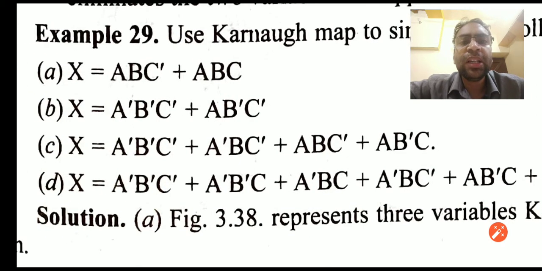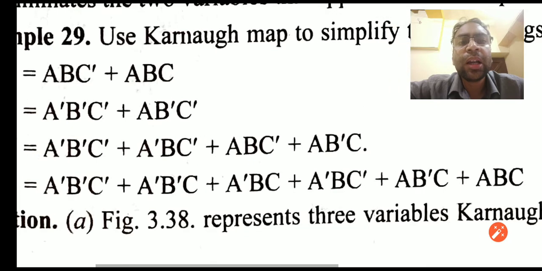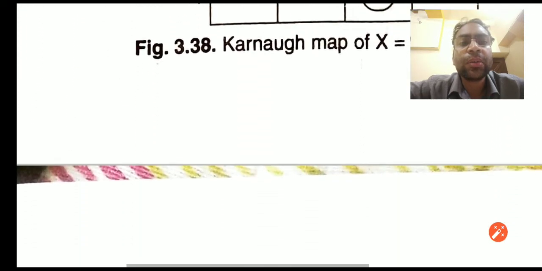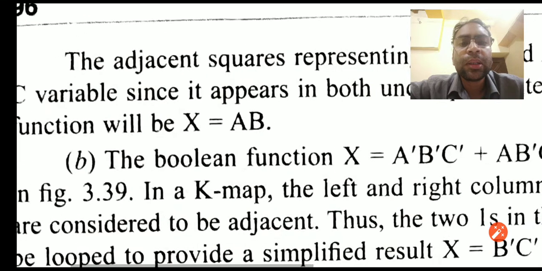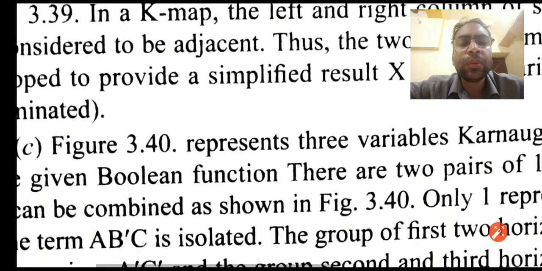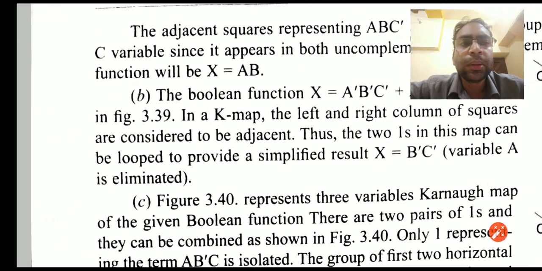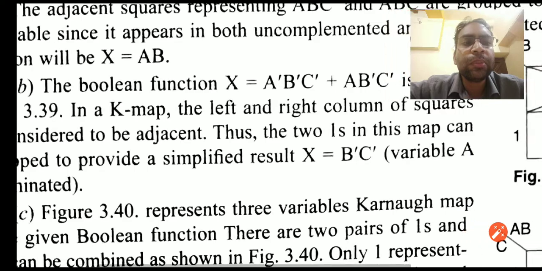In the second example, B, we have A bar, B bar, C bar and A, B bar, C bar. So let's see the B part.